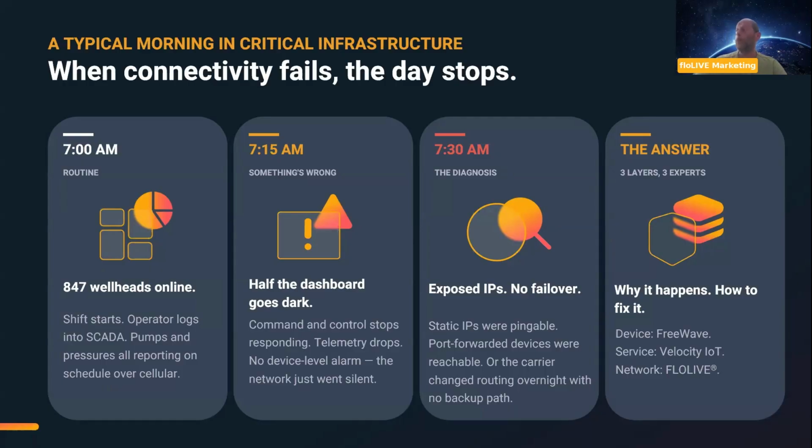Surprisingly, you find that everything is working and connected, but nothing is transmitting. So it's not your IoT device. This is actually something in the network. Something has changed, maybe the IP or the routing.